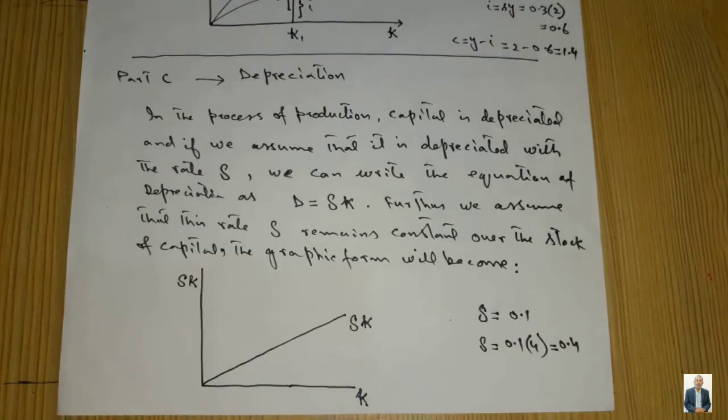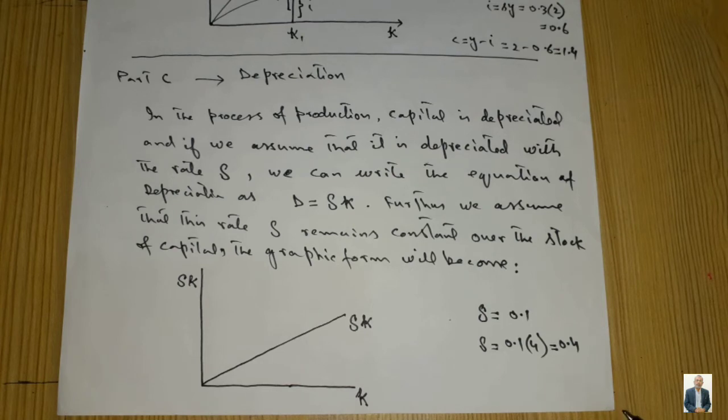Another part of this video is part C, which is regarding depreciation. Depreciation means the wear and tear of capital. When you are producing something, you have to face the problem of wear and tear of capital.